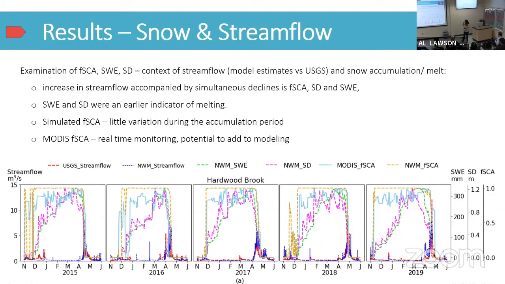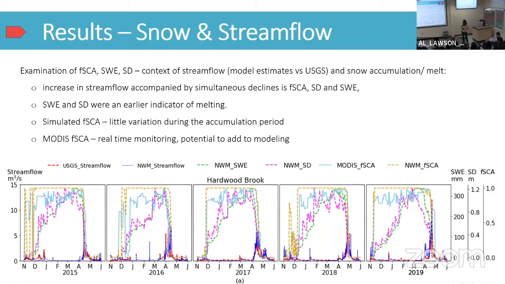So the last results are, I was trying to look at how the model simulation of snow water equivalent, snow depth and fractional snow cover area correlate with the stream flow in the model. So this is just for one watershed that I'm trying to show.